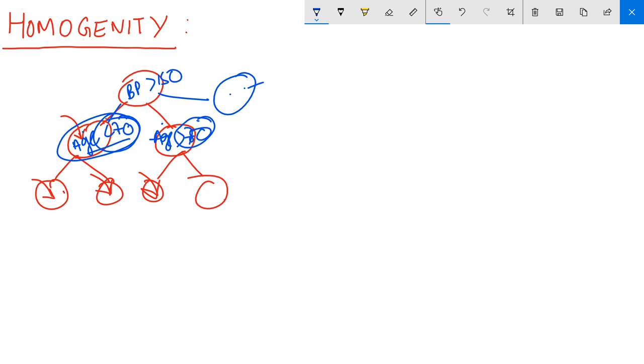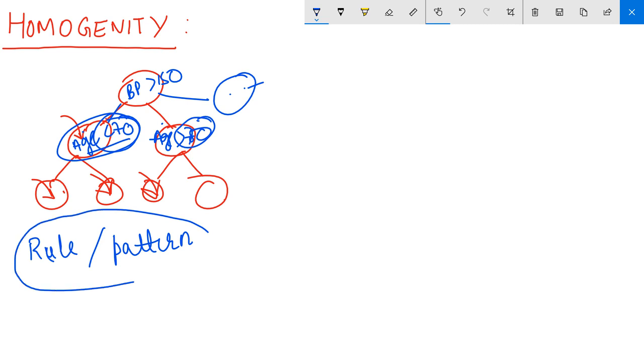So there is a rule in homogeneity, or you can even say a pattern, that has to be followed for accurate results. The results should be accurate here, and after getting accurate results by following some rules, this concept is known as homogeneity. Now to explain it by giving an example, which I'm very good at.